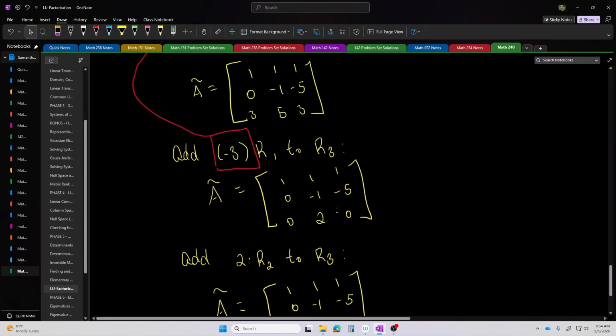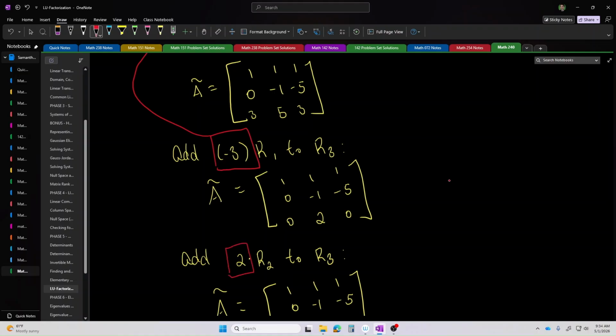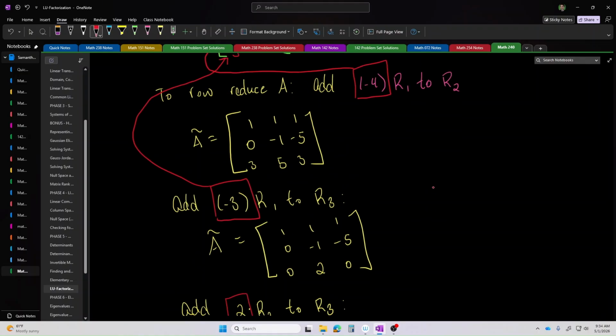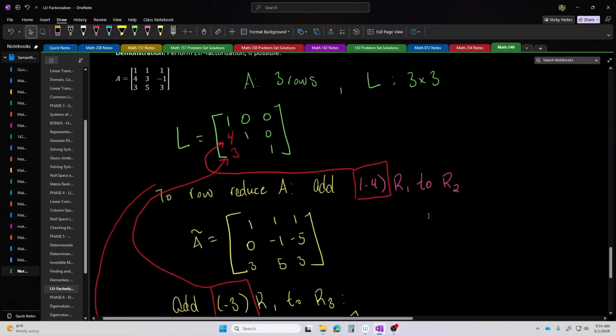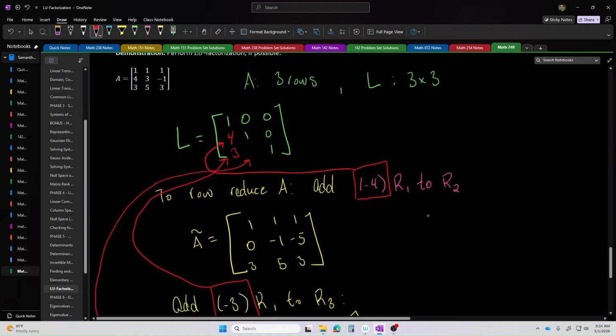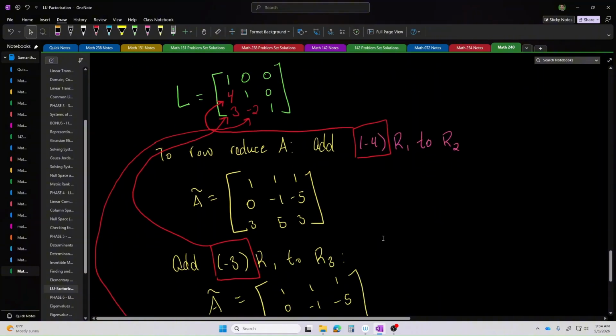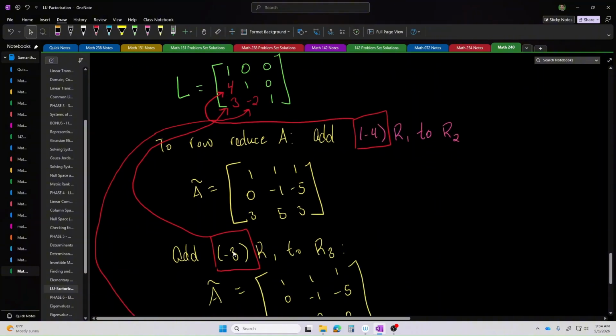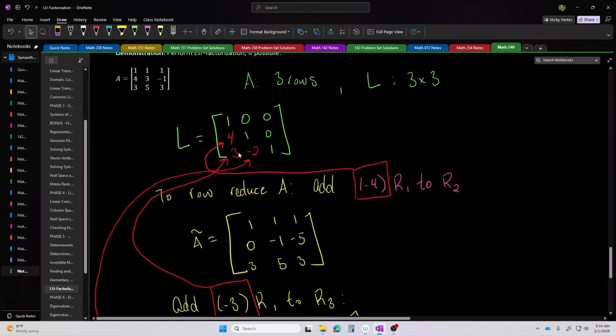So having added 2 copies of row number 2 into the third row, I would then take that value of 2 that I used in that step, and I would use its opposite to plug in to this position. Here, using a scalar of -3, I put in a +3.